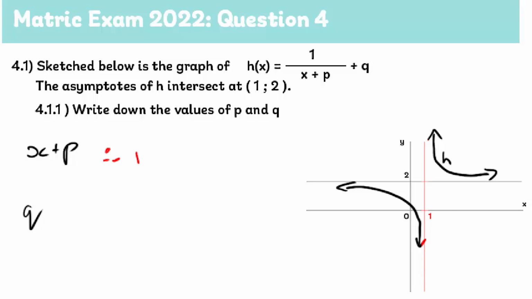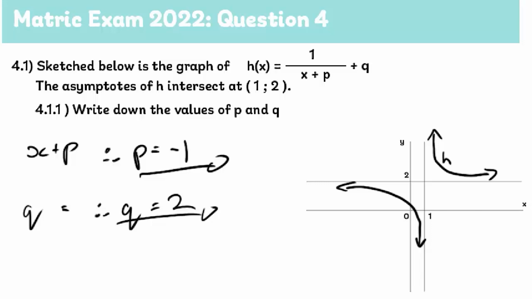Therefore, p equals minus 1. The horizontal asymptote has moved 2 up, therefore it is plus 2. Therefore, q is equal to 2. And if we write down the function now, it's h(x) equals 1 over x minus 1, plus 2.